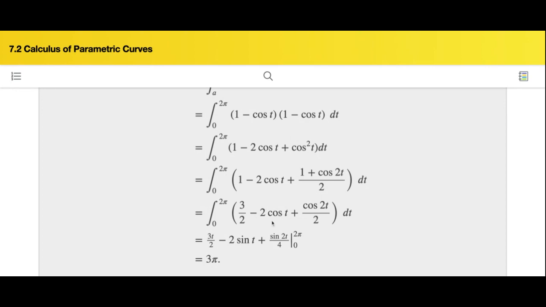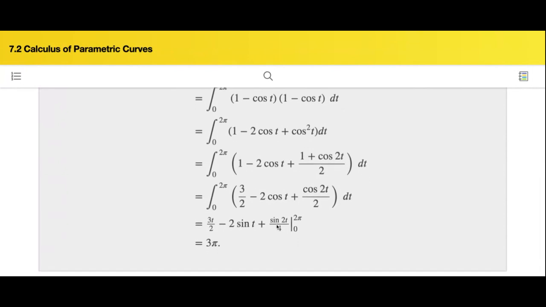Now we can integrate all 3 terms. Integrate 3 over 2, get 3 over 2 t. Integrate the negative 2 cosine t, that's negative 2 sine t. Then integrate cosine 2t, that's half of sine 2t, half times half of sine 2t, that's sine 2t over 4. Then we evaluate from 0 to 2 pi. Sine t at 2 pi, remember, is 0.